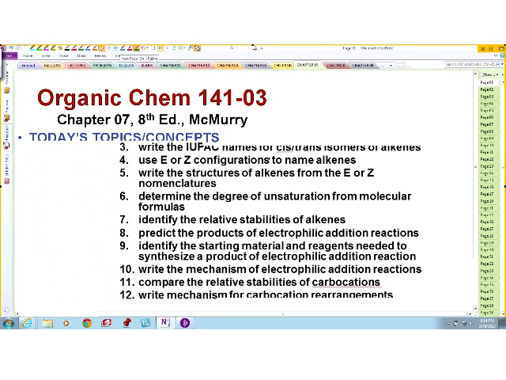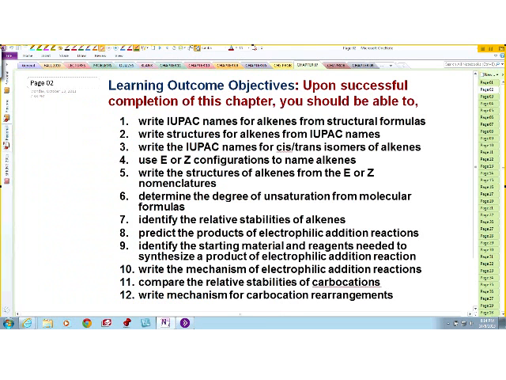On this slide, you have a list of topics and concepts that will be your learning outcome objectives. In other words, I want you to use these topics and concepts as a study guide for the preparation of all of the quizzes and the exam that you will be taking in this particular section.